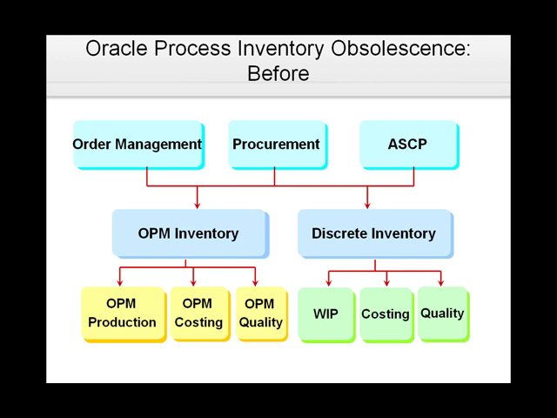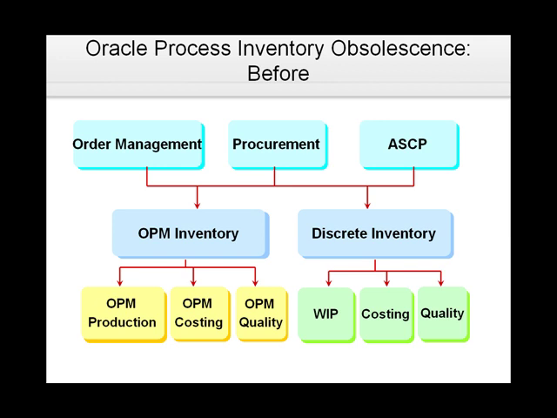Now these two separate inventory organizations are talking to order management, procurement, as well as ASCP, that is advanced supply chain planning, individually wherever they are required. Also the manufacturing products like production, costing, and quality are all altogether separate as far as OPM and discrete are concerned. There is no synchronization between this OPM inventory and discrete inventory at that time.